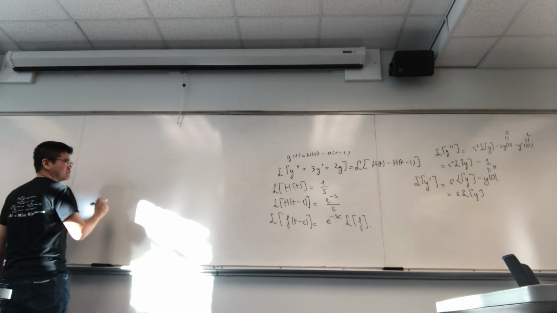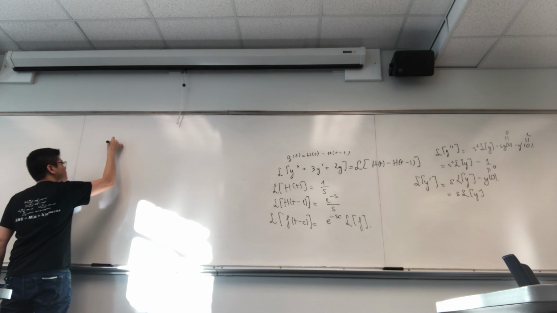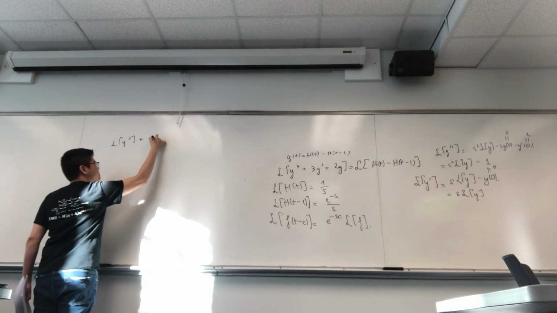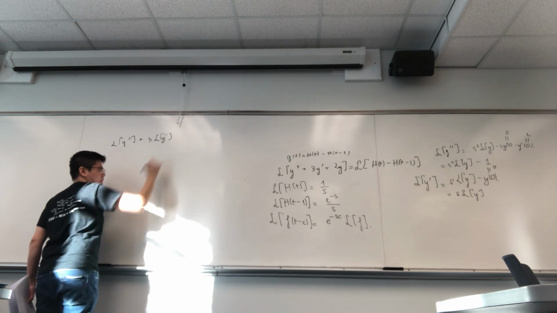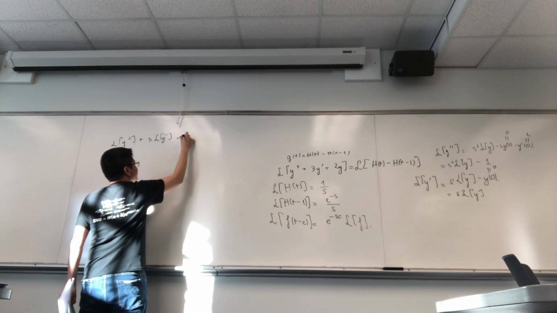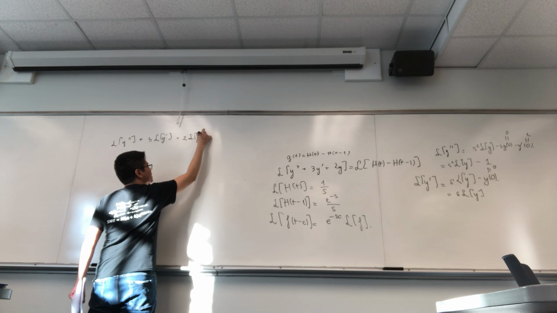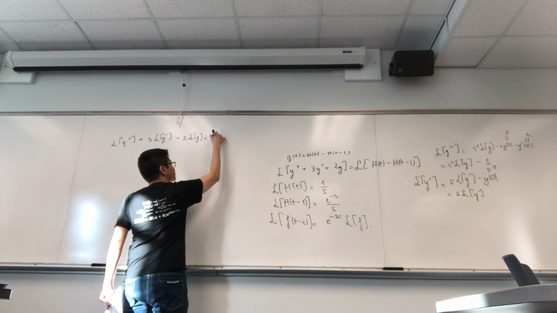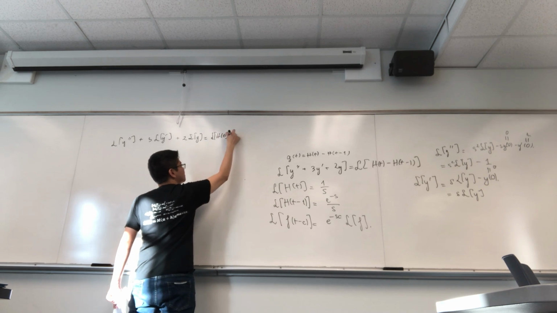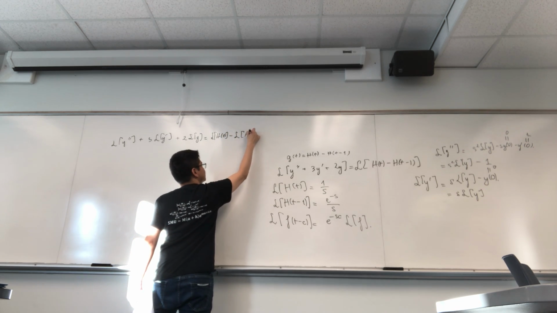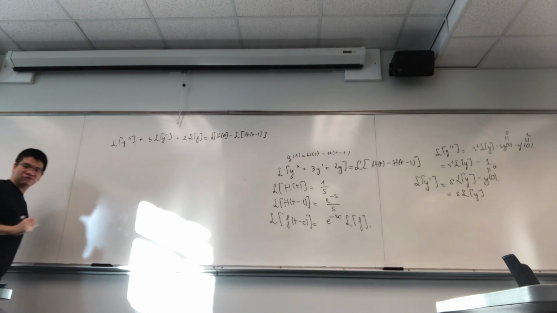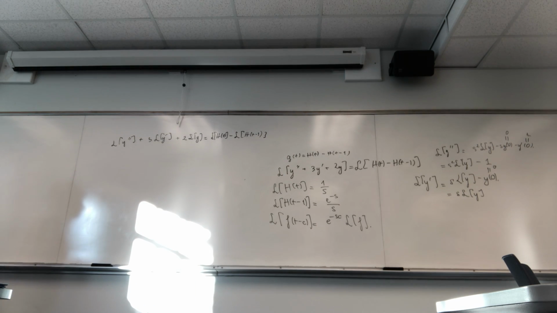So I have the Laplace transform of y'' plus 2 times the Laplace transform of y' plus 2 times the Laplace transform of y, equal to the Laplace transform of h(t) minus the Laplace transform of h(t minus 1). And I'm going to replace everything that I found into this equation.